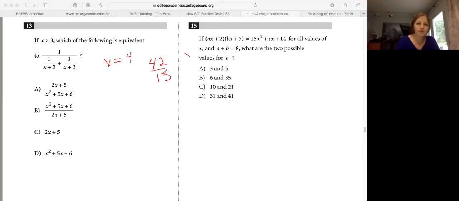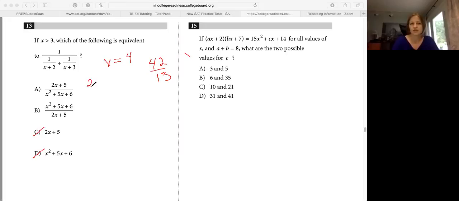Now, probably at this point, when you're trying to decide how to use your answer choices or how to choose what answer choices are most likely, we're probably not going to get a fraction out of C or D. So I'm pretty safe to eliminate those and just focus on A and B. And now that takes away some of the calculations. So let's try x equals 4 in A.